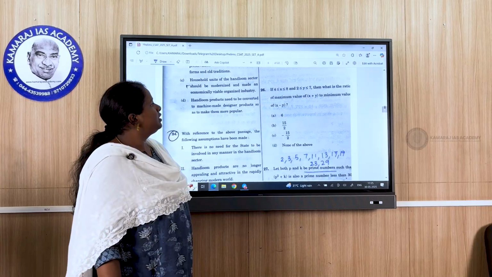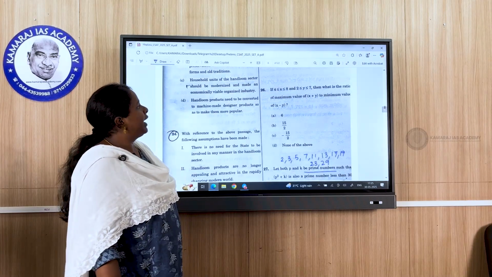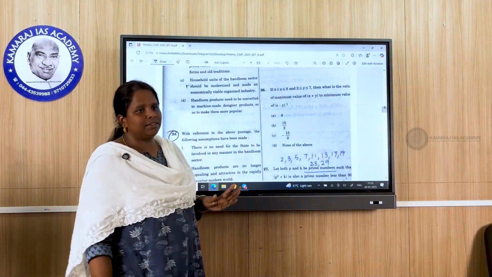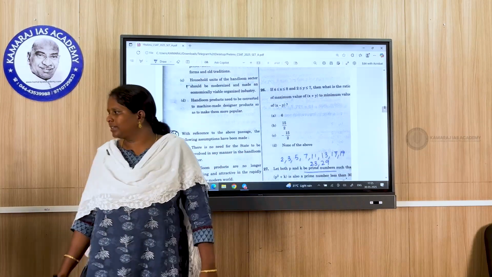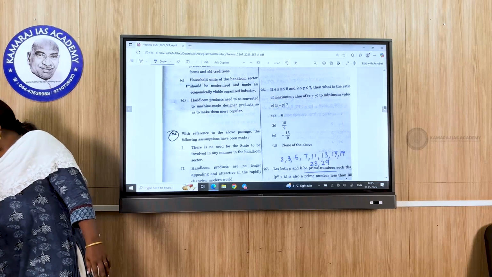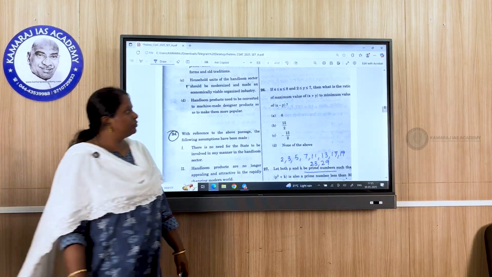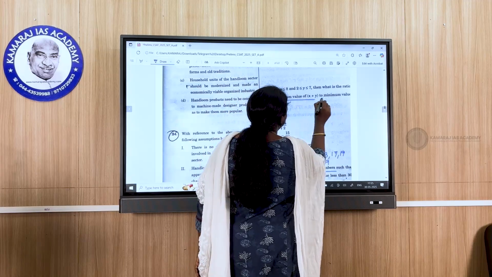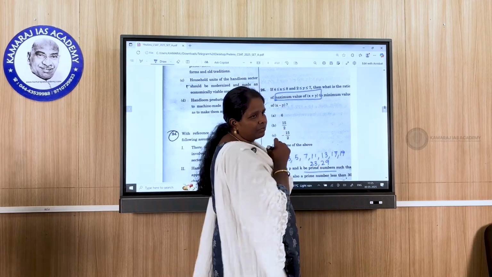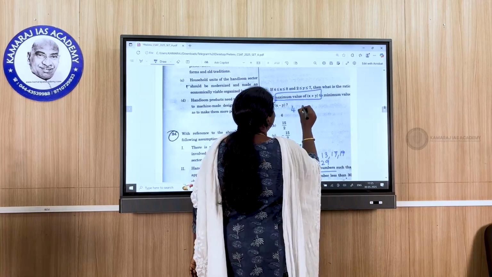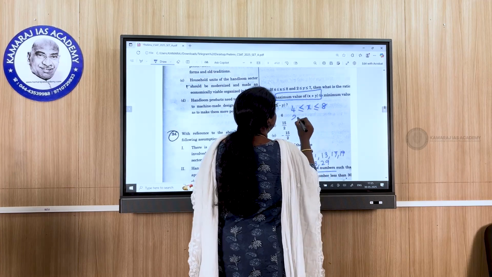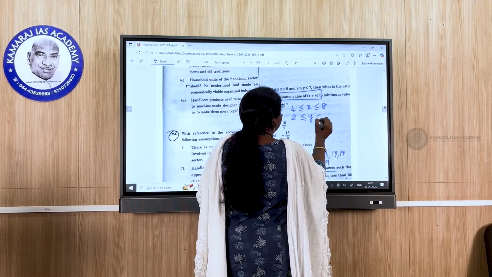Next, see this question. If x is between 4 and 8 and y is between 2 and 7. They have given the numbers as x is between 4 and 8 and y is between 2 and 7. What is the ratio of maximum value of x plus y to minimum value of x minus y? So see here 4, x and 8, and here it is 2, y and 7.